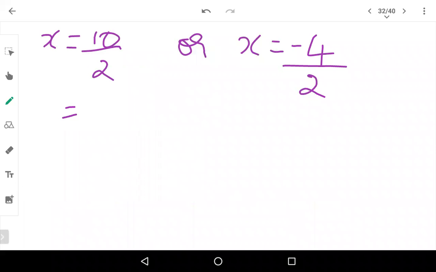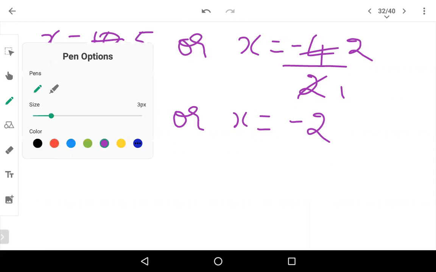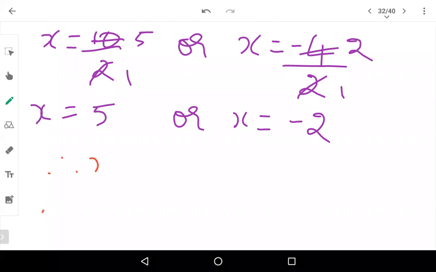So here 2 ones are 2, 2 fives are 10, so x is equal to 5, or 2 ones are 2, 2 twos are 4, x is equal to minus 2. Okay, so the final answer is therefore x is equal to 5, or x is equal to minus 2.